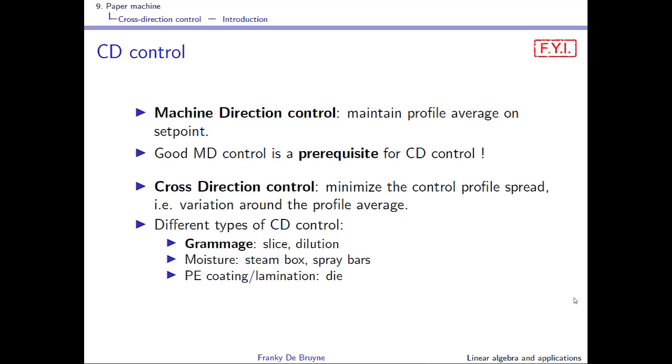Cross direction control is about minimizing the control profile spread, the variation around the profile average. There are different types of cross direction control for grammage, moisture, and for instance polyethylene coating. We'll focus here on grammage, and we'll focus on solutions where you control the slice or lip opening, as you will see.